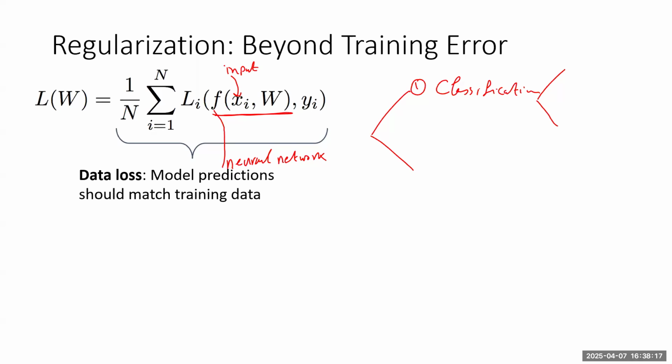W are the parameters inside my network that I'm tuning to produce this output. Okay? So my goal is to tune W. When we say tuning, it means we want to change the value of W to achieve a minimum value of L. So L is a function that I'm trying to minimize. So I'm exploring all the space of W's to find this minimum L. And we call this L the loss function.